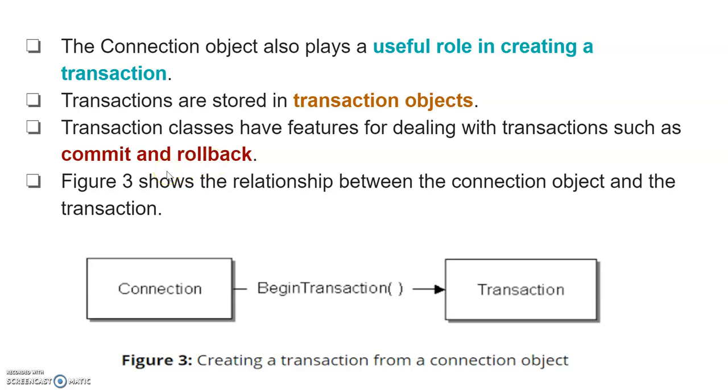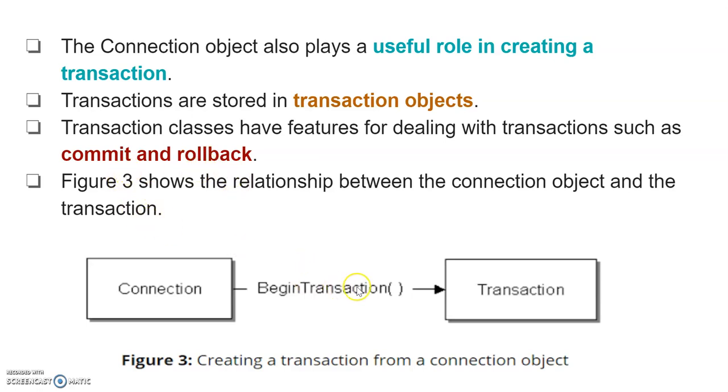For example, suppose you are transferring money from client A to client B. In that case this transaction should be completed properly and successfully, the money should be transferred correctly, then commit will happen. And rollback, if suppose there is some error, network error, connection error, or there is no money in the account of client A, then in that case there should be a rollback of that particular operation.